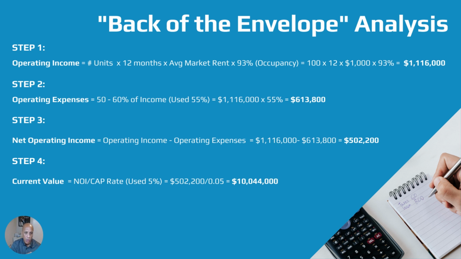It differs market to market, city to city, but we're going to use 5% as an example. So $502,200 divided by 5% equals $10,044,000.